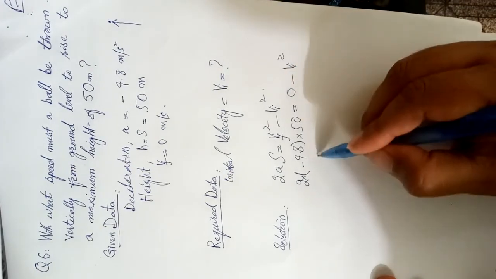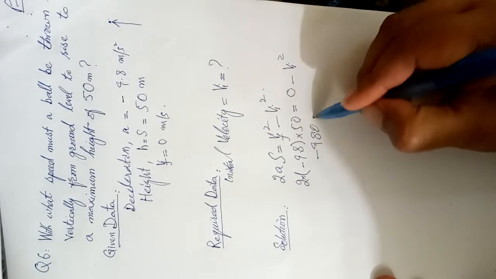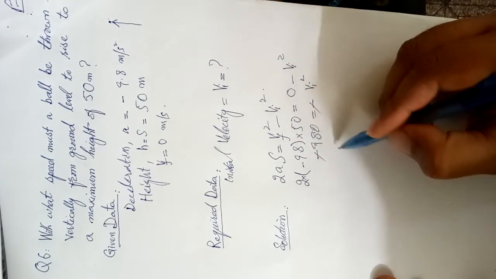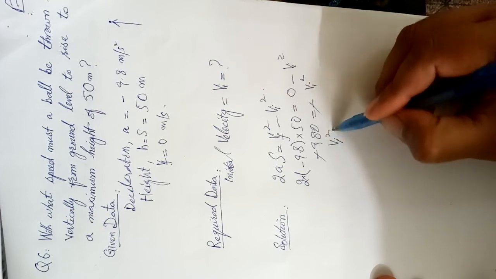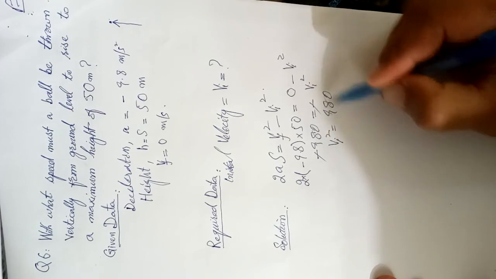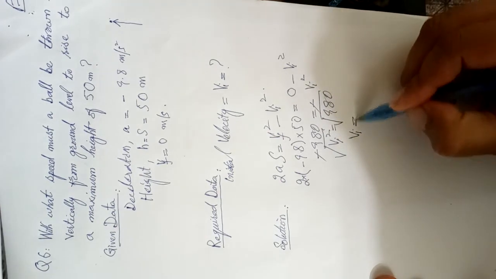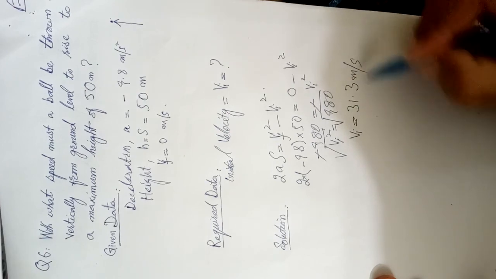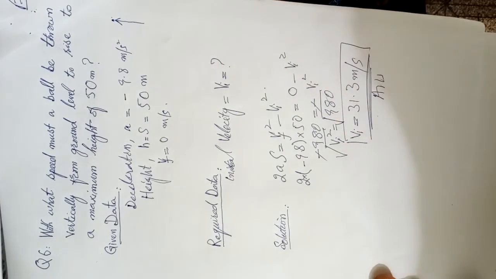Now multiplying these, we will get minus 980 equal to minus Vi square. The minus signs cancel and we will get Vi square is equal to 980. Taking square root, Vi is equal to 31.3 meter per second, and that is the required answer. Thank you.